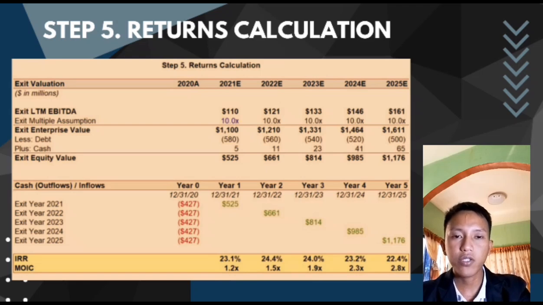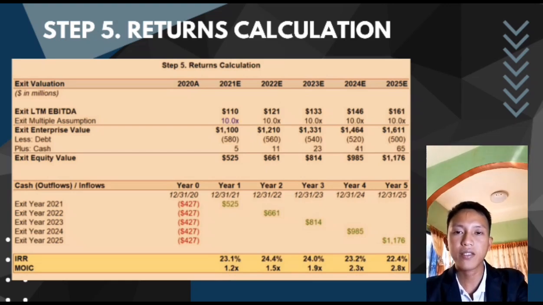In 2023, 1,331 minus 540 plus 23 is equal to $814. In 2024, 1,464 minus 520 plus 41 is equal to $985. In 2025, 1,611 minus 500 plus 65 is equal to 1,176. So that's all the exit equity value.